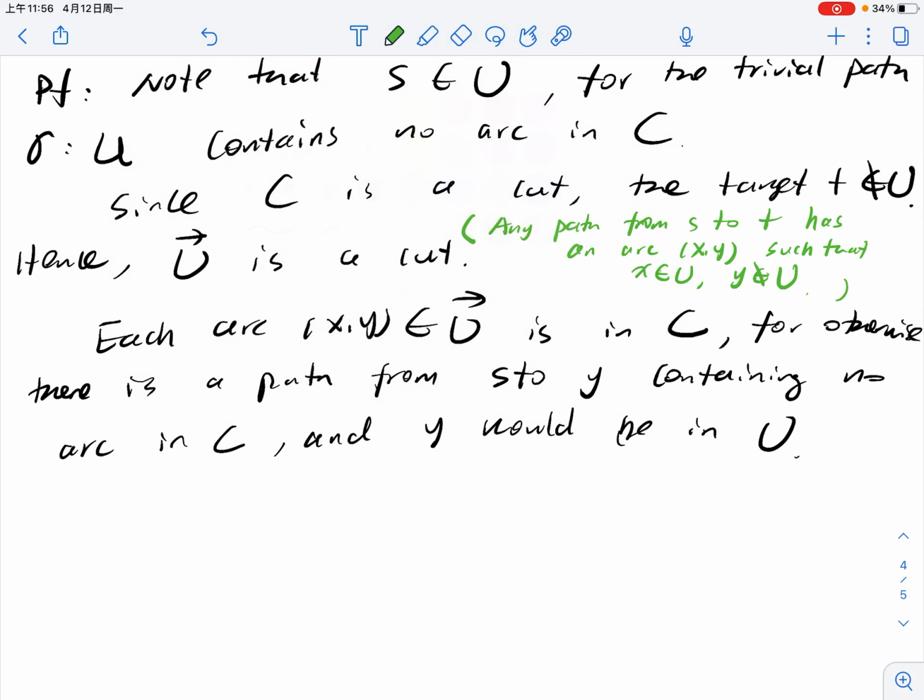So here, it's also not so trivial. So why is there a path from S to Y containing no arcs in C? Because there is a path from S to X without any arcs in C. This is by the definition of the set U. And then xy is an arc not in C. Then adjoining these two, we have the path from S to Y satisfying such property.